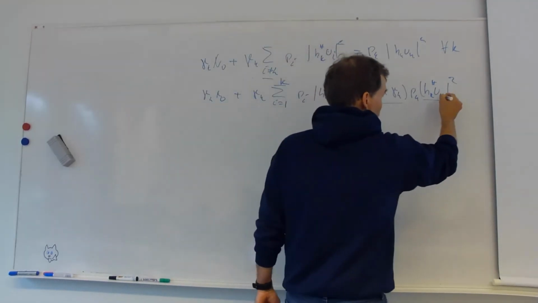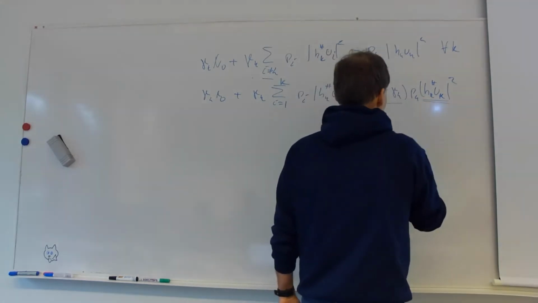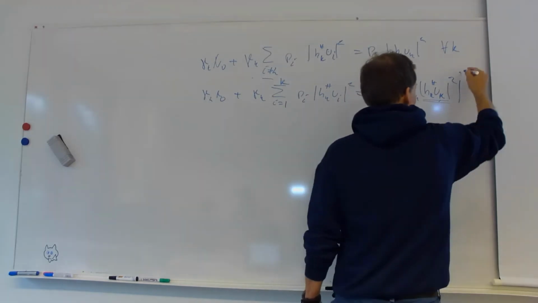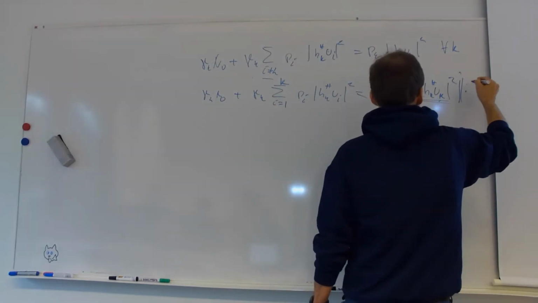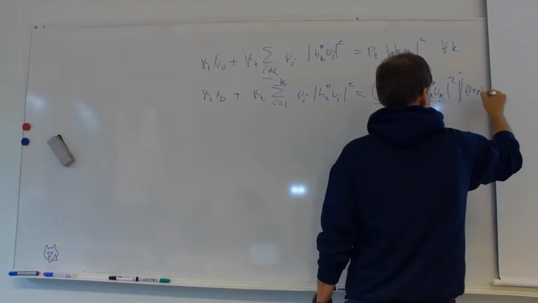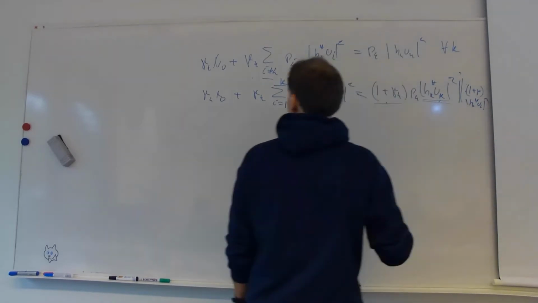Assuming that this is a scalar, right? Real valued. So we divide both sides by 1 plus gamma_k times h_k^H u_k squared.